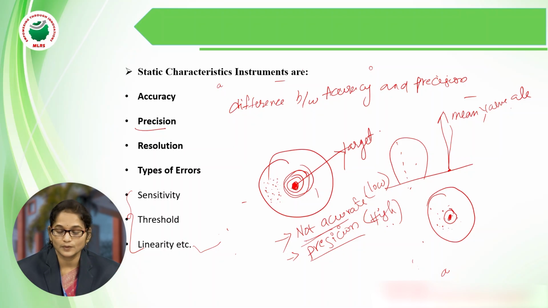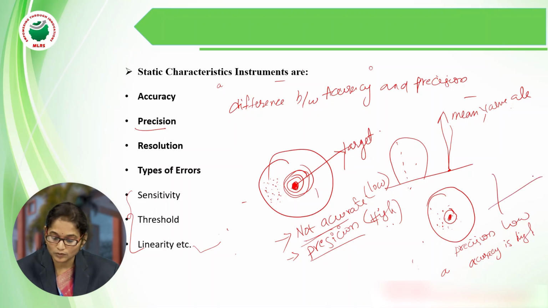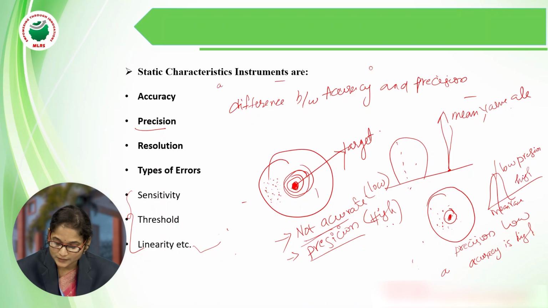In this case the accuracy is high and the precision is low. This is the mean value: low precision, high accuracy.